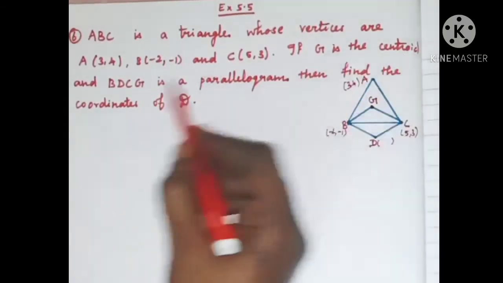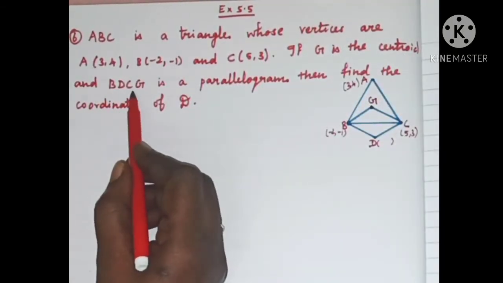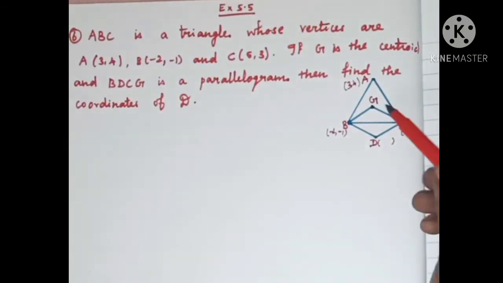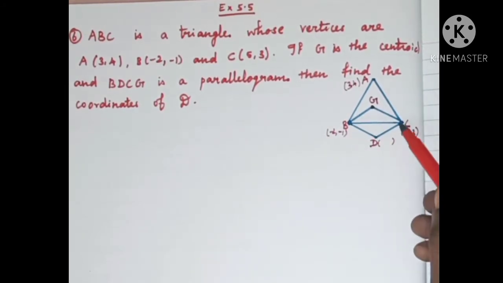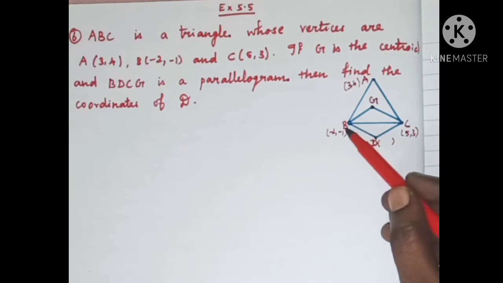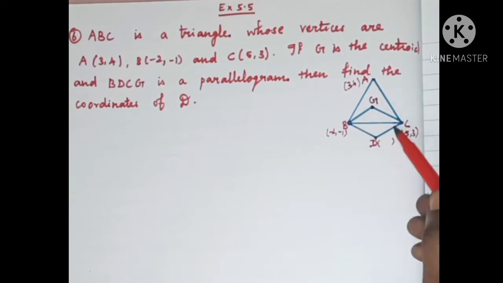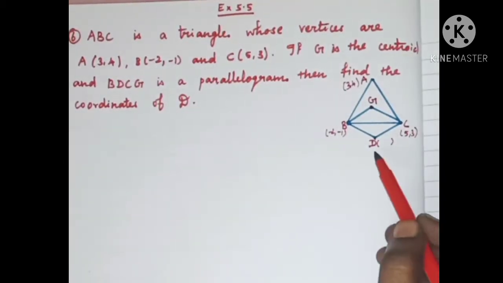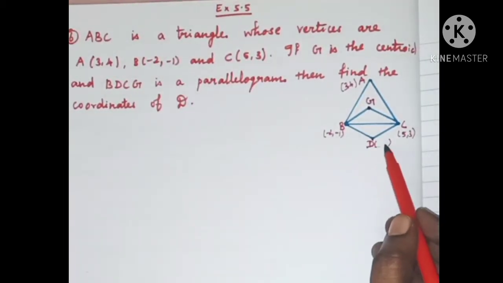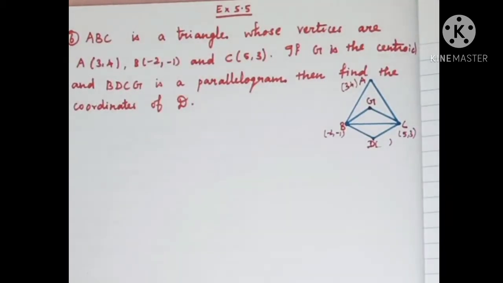If G is the centroid and BDCG is a parallelogram, G is the centroid of the triangle and we have to draw this point D. Then find the coordinates of D. Solution.